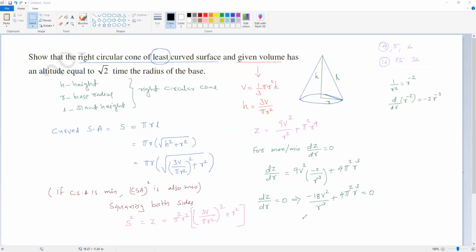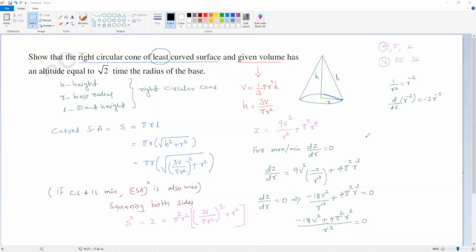So this is -18 v square plus 4 pi square r to the power 6, the whole divided by r to the power 3, is equal to 0.